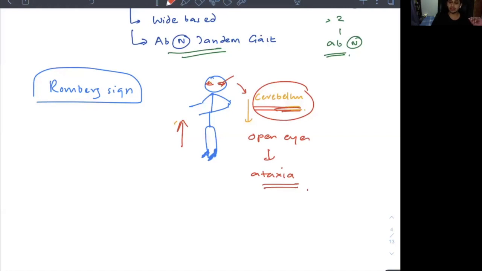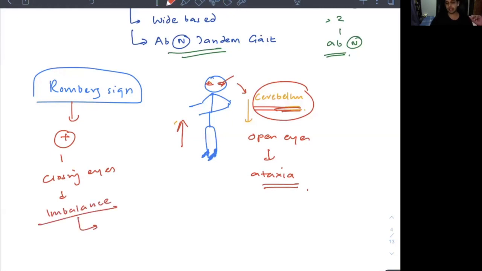Okay. So a Romberg test is said to be positive when on closing eyes, there is imbalance. And a positive Romberg is a sign of sensory ataxia. So a Romberg is not actually something that you look for in a cerebellar case, because a positive Romberg is a sign of sensory ataxia.